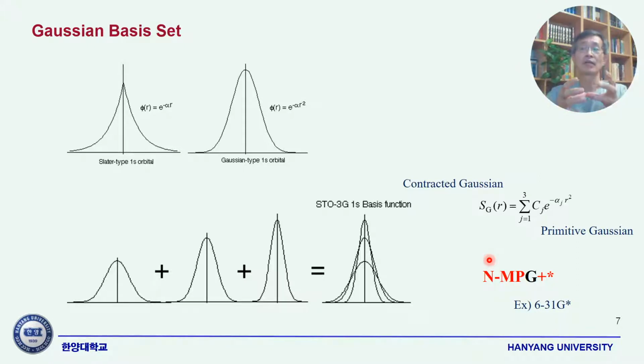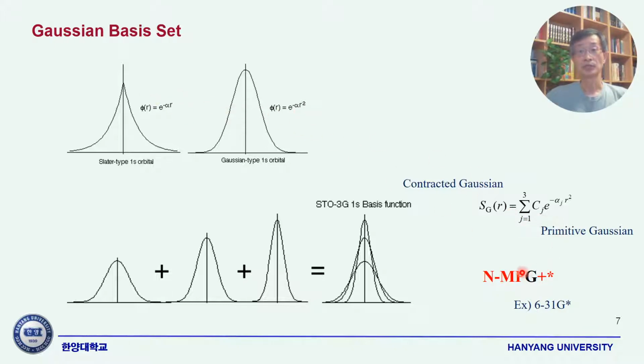For core electrons, we use many primitive Gaussians to contract a Gaussian function that represents the core electron orbital. In this case, 6 primitive Gaussians are used for this linear combination, and that is this n. And then the hyphen means that it is a split valence, meaning that we use 2 alphas or 2 zetas.